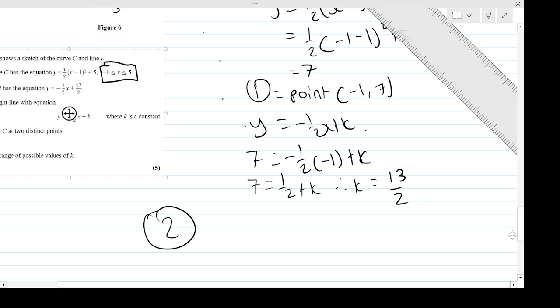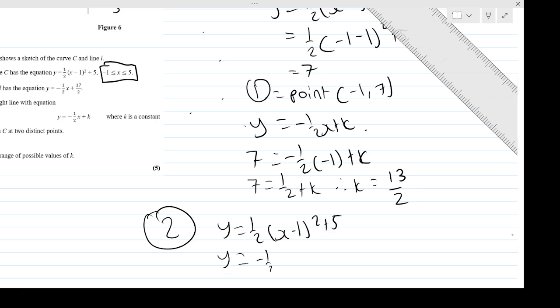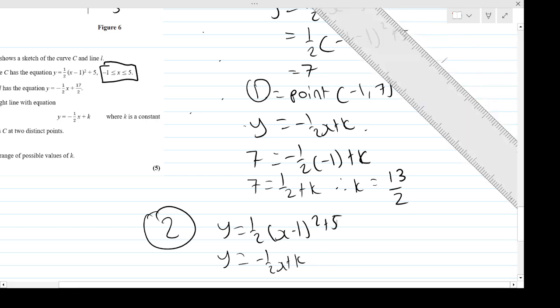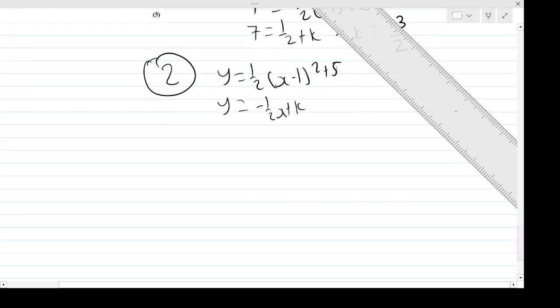It's particularly when the line crosses the curve. So we have y is a half x minus 1 all squared plus 5, and y is minus a half x plus k. That's your line, as we vary k, as k goes down or up. And then this is the curve. So when the line crosses the curve, that gives us the intersection. That's what we're interested in.